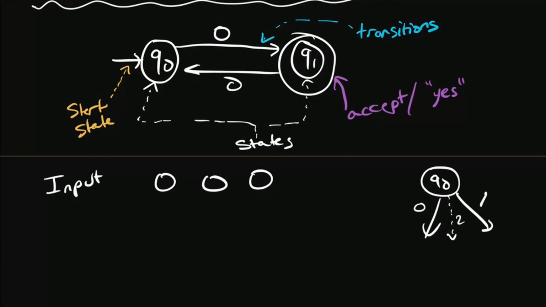So when I turn on the machine and I have not done any computation at all, what state am I in? Q0. Why? Because that's the labeled start state. Good. So I'm going to model what state I currently am in. So I'm in Q0 right now. I have not read any input. Are we good? I know it's tedious, but it'll make everything else easy.